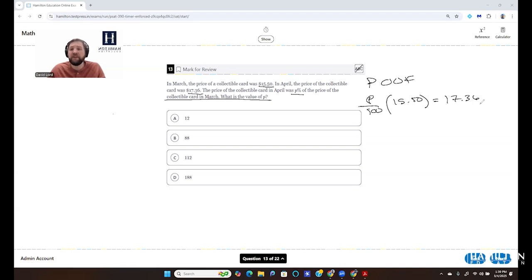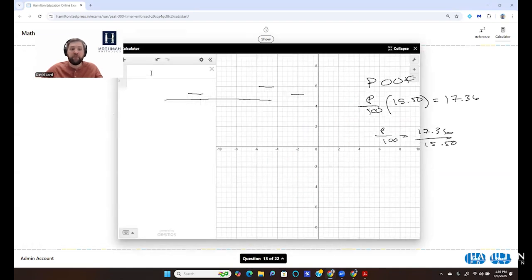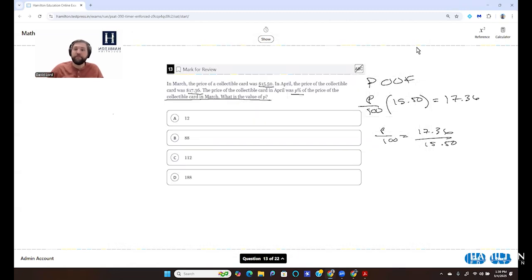All right, from here, we divide both sides by 15.50. I would use my calculator, but just to show you the work, I'll pull up Desmos. So 17.36 divided by 15.50, and that is 1.12.